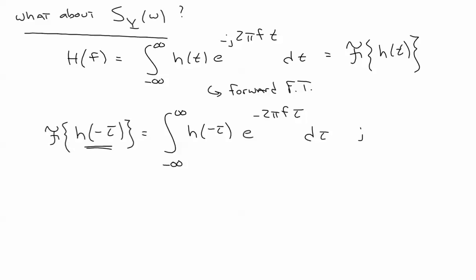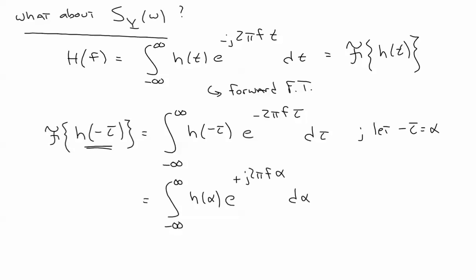And now let's make a change of variables. Let negative tau equal alpha. This is the integral from minus infinity to infinity of h of alpha e to the plus j 2 pi f alpha d alpha.